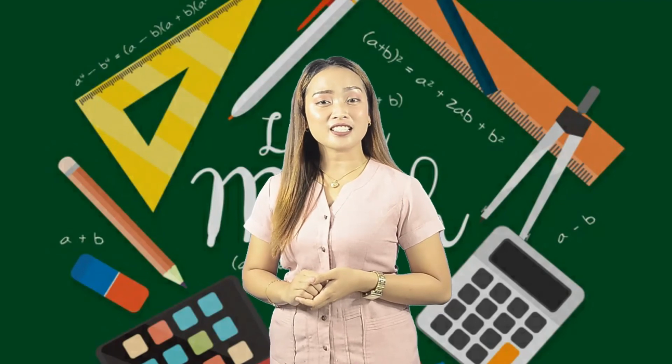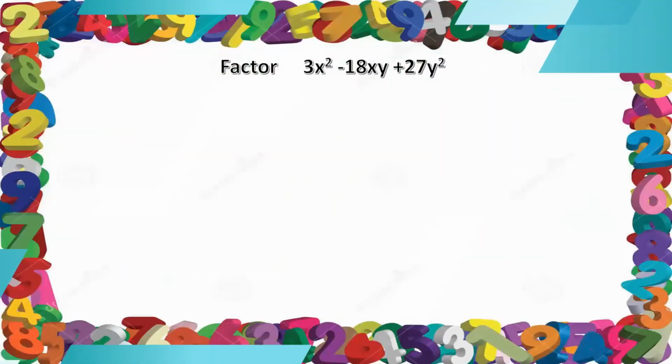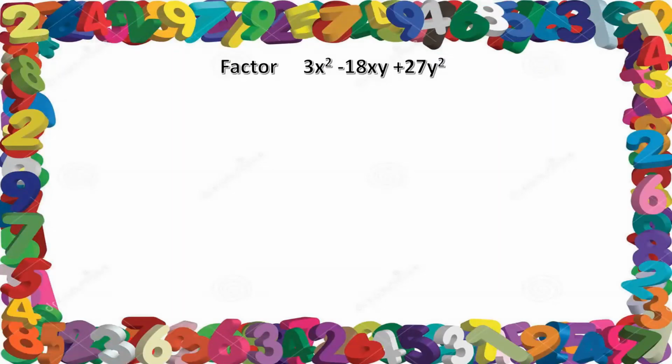To fully understand this, take this example. The given expression is 3x squared minus 18xy plus 27y squared. At first glance, we cannot find the perfect square trinomial, right?